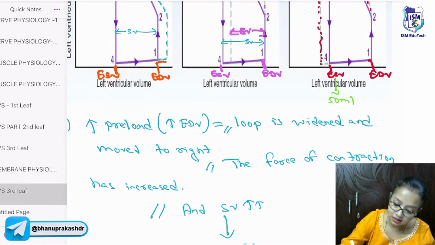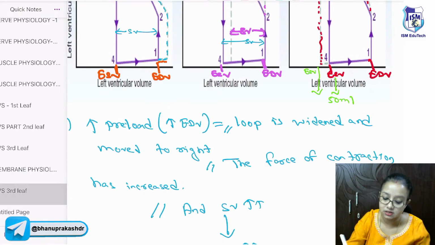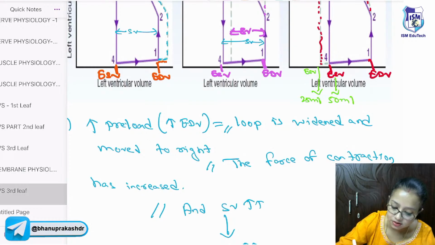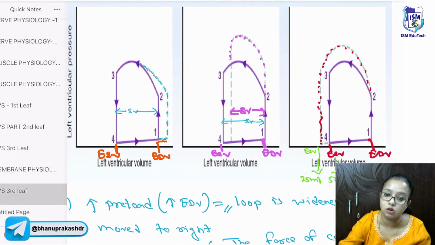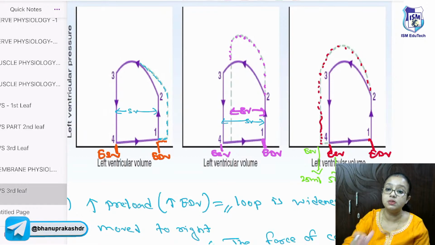In case of increased contractility, the end systolic volume decreases from 50 ml because more blood got pumped to the periphery. Say it reduces to 25 ml. This is an example. So whenever there is increase in contractility and no afterload, no other peripheral resistance, no other factor affecting the blood vessel, then the stroke volume and cardiac output increase and the end systolic volume decreases.